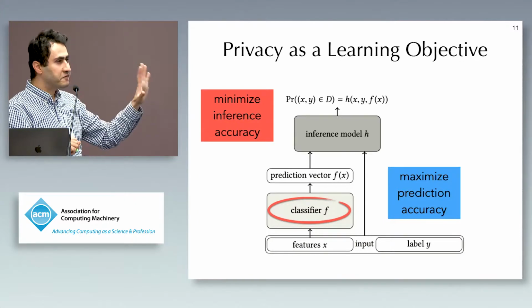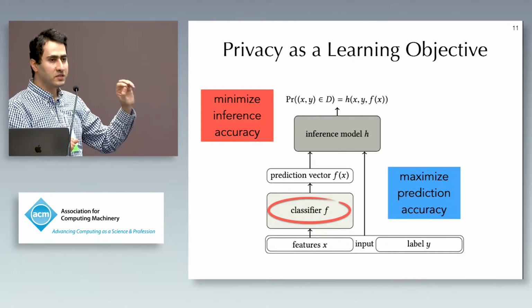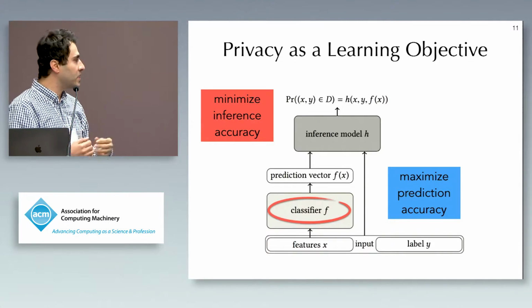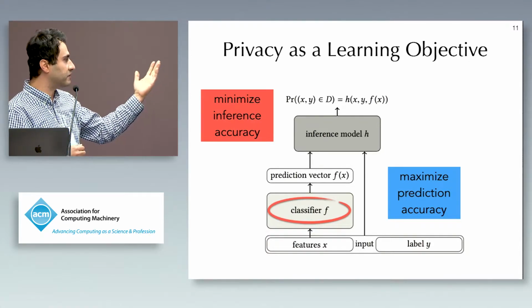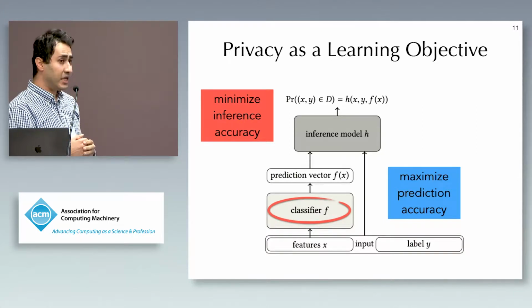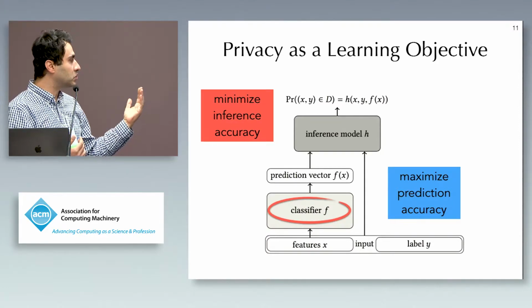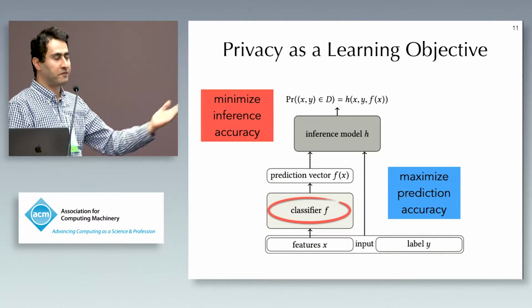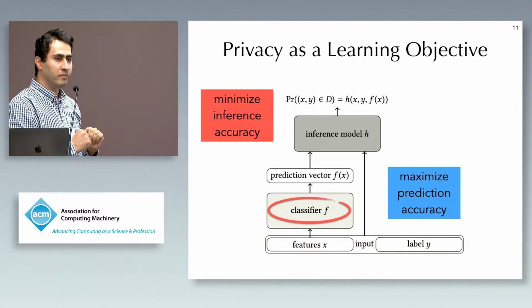Now, if you want to defeat membership inference attack, we have to minimize the accuracy of this inference attacker, right? So if you want to protect privacy, we have to solve an optimization problem that minimizes the inference accuracy of the model H. And then to have a good machine learning classifier, we also need to maximize the accuracy of our classifier F. Therefore, we're looking at this joint optimization problem.